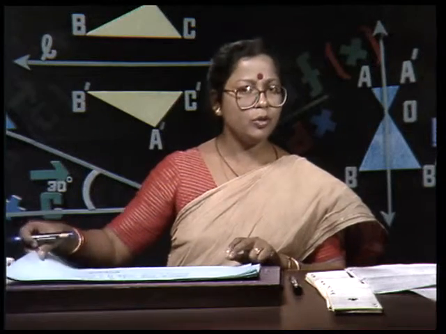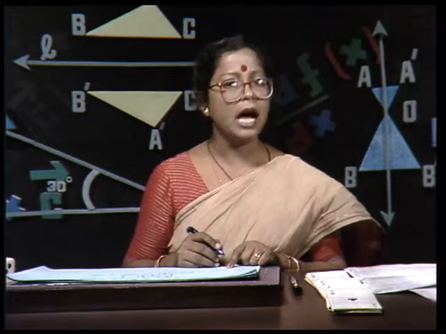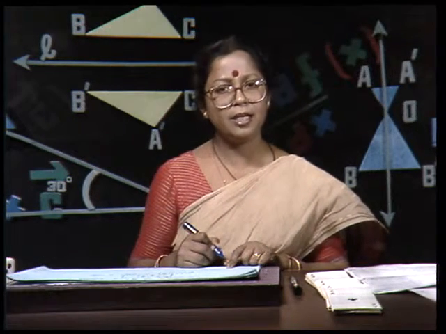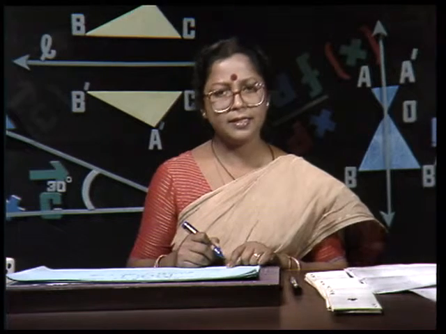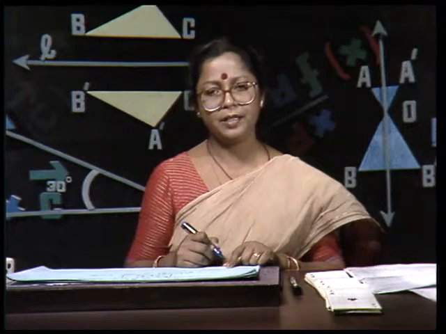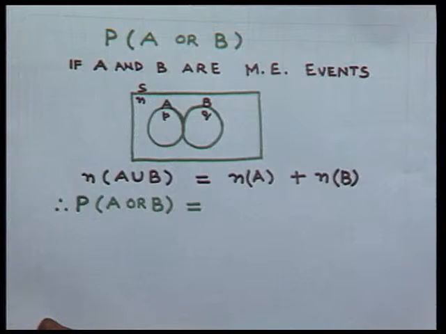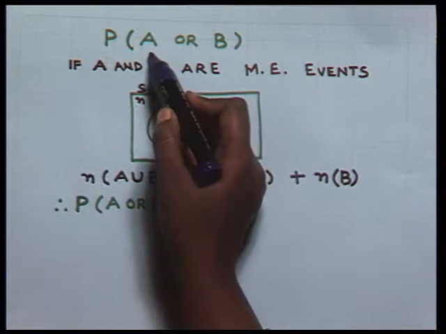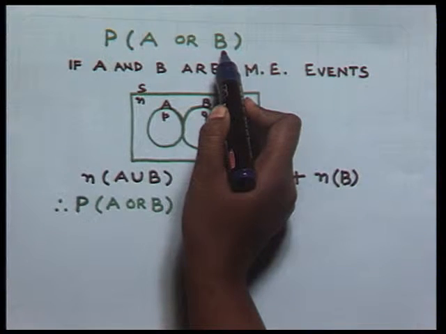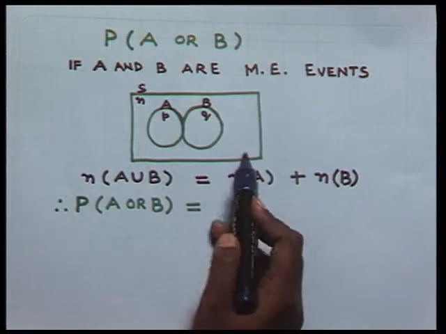At times we know the probability of an elementary event, but how can we find the probability of a compound event? Let us try to find a relationship. If A and B are two mutually exclusive events, then what is the probability of the event A or B in terms of the elementary events?